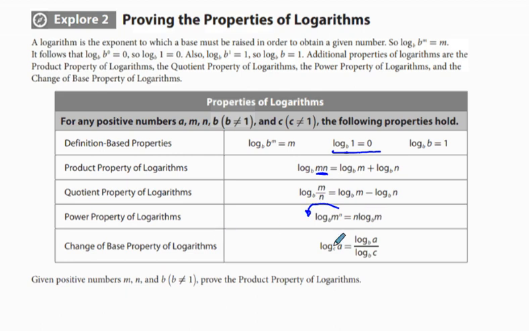And then the change of base property is very helpful because a lot of times you'll have a base that's different than ln, which is the same as log base e, or log, which is really equal to log base 10. Okay, so those are important rules, and we're going to put those into action here.